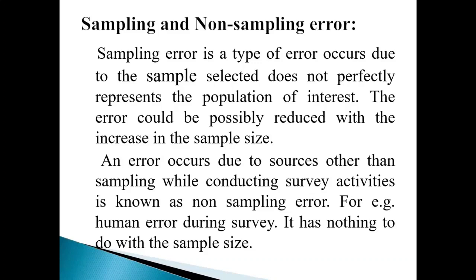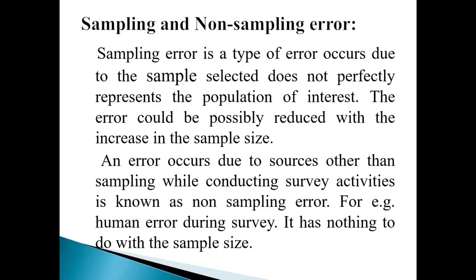Sample surveys are done in our country by some of the organizations of the Ministry of Statistics and Programme Implementation. The National Sample Survey Organization, NSSO, does surveys like socio-economic surveys and labor force surveys, and different types of surveys are conducted from time to time in our country.